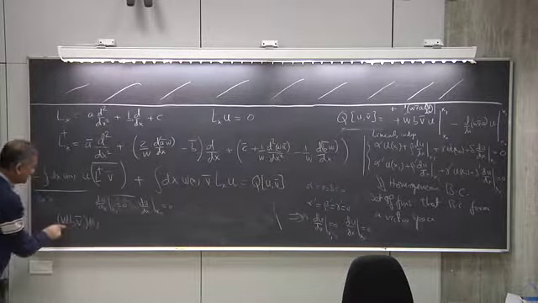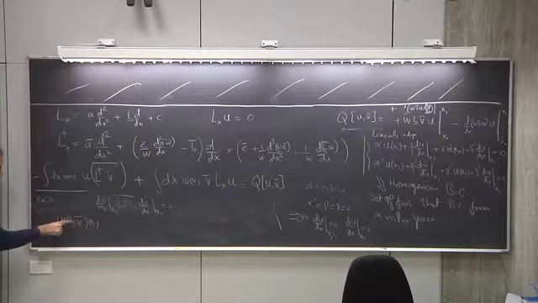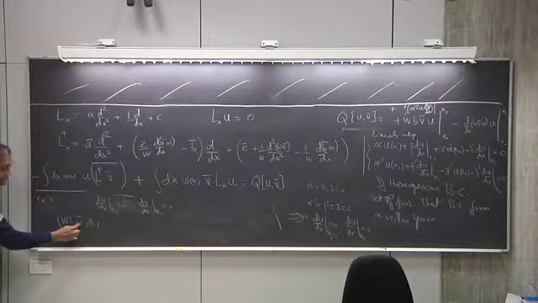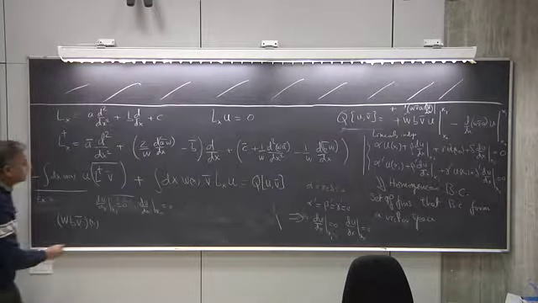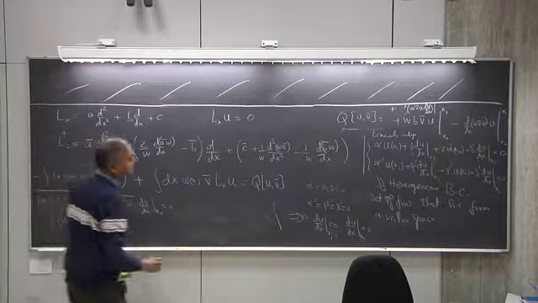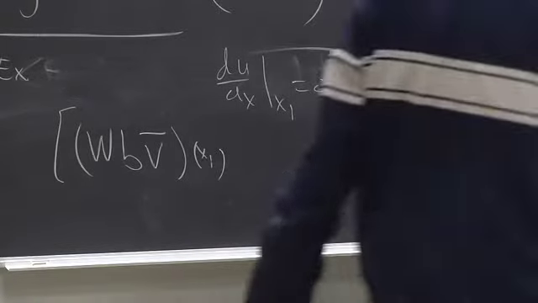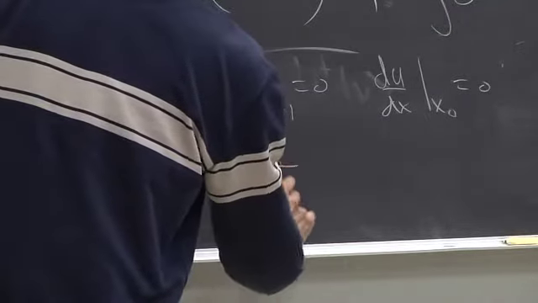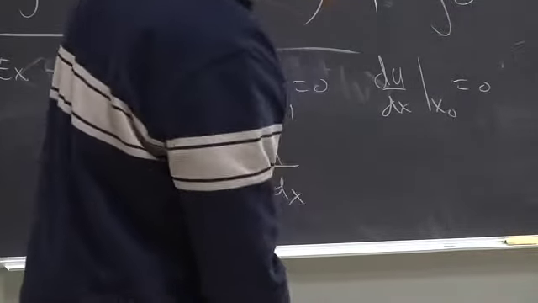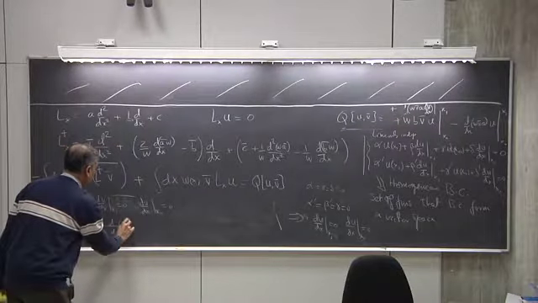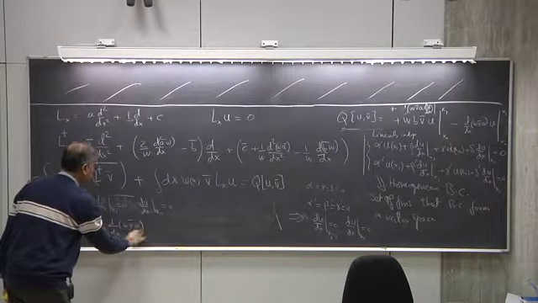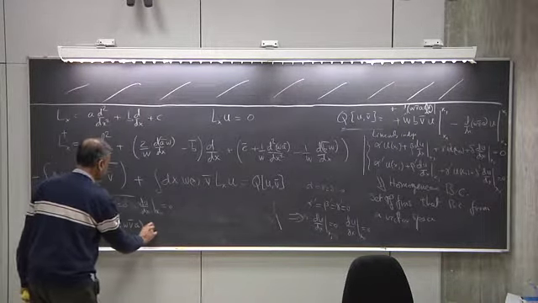When I write it like this, these are all functions of x, so we are saying this at x1 times this at x1 times this at x1. That is the term coming here at x1, and then minus d by dx acting on W V bar A, evaluated again at x1.